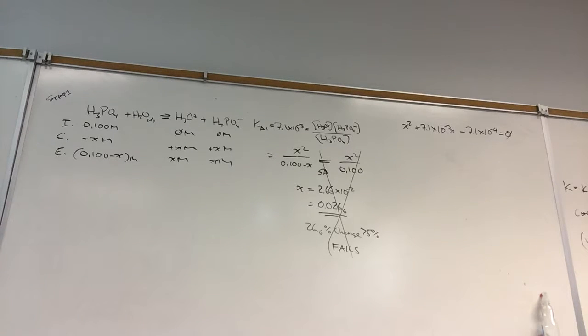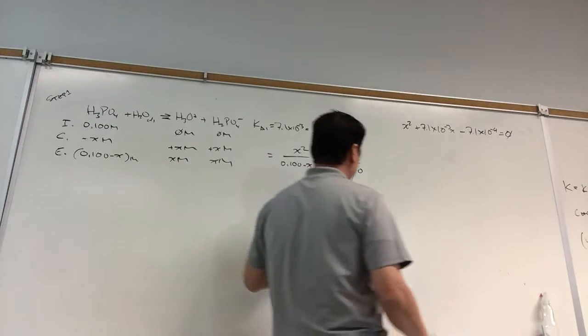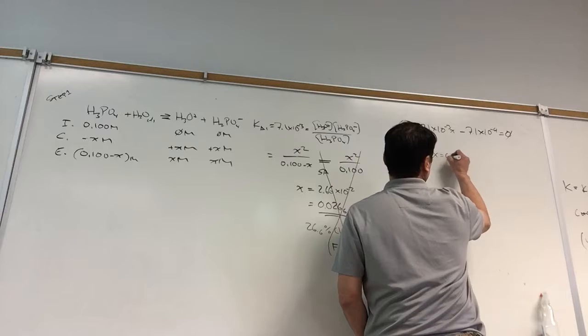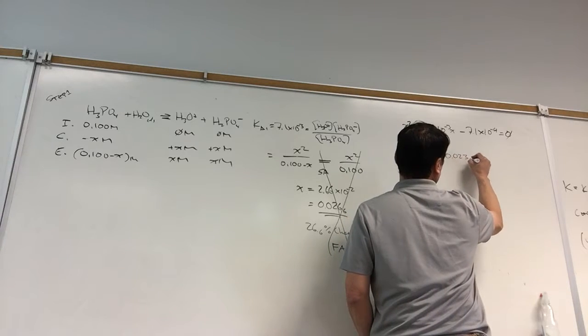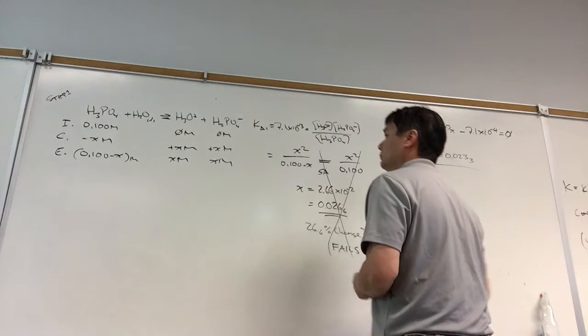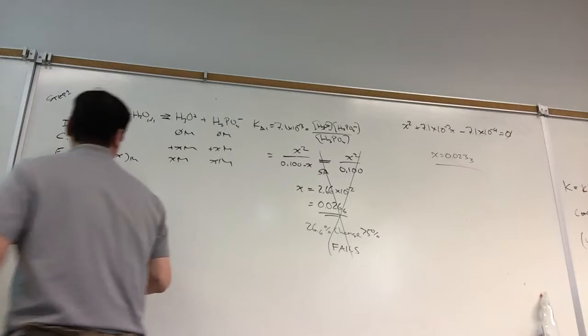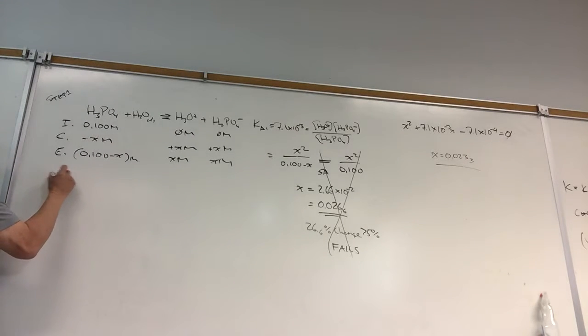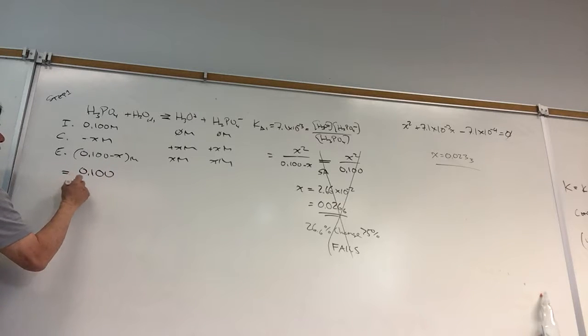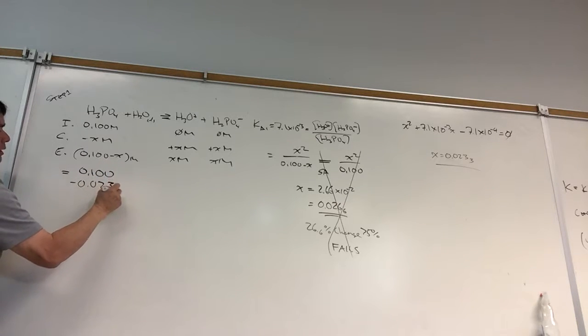And so it's 0.0233. It's fine. We're close. We got 0.0266 before. X is 0.0233. And so going back and calculating the concentrations, well, 0.100 minus 0.0233.